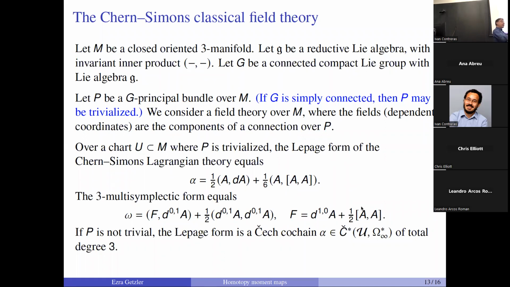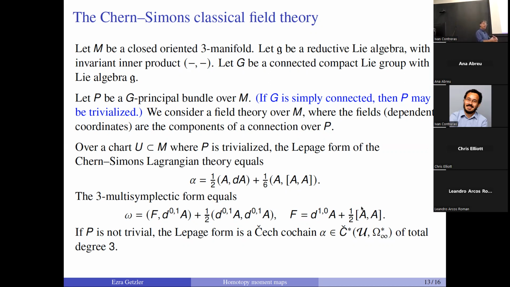So we'll have one chart if the principal bundle can be trivialized. And that's true if the structure group is simply connected. But if you have a compact Lie group which is not simply connected, then in general, the principal bundle will not be trivial. And then we have to use several charts, and that will bring in differential characters.